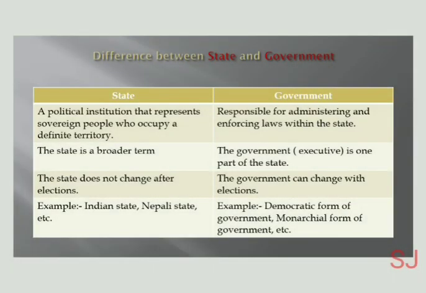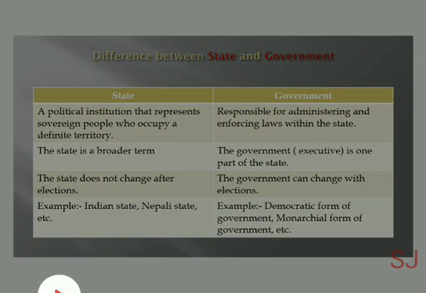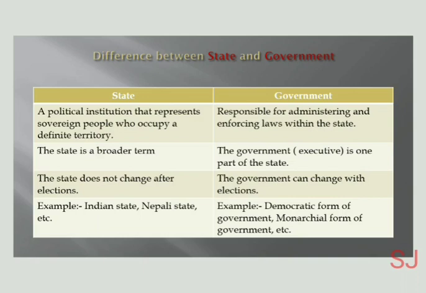Now we shall start with a very important thing, the difference between the state and the government, which we haven't discussed earlier. A state refers to a political institution that represents sovereign people who occupy a definite territory.